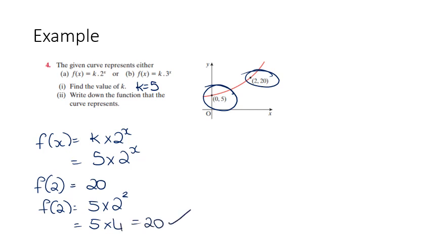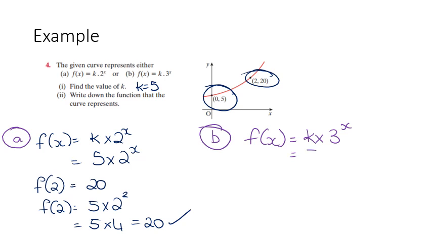So I can probably guess it's not going to work for the other function, but I'm going to go through the motions with you anyway, just to kind of prove the point. So on b, we have f of x is k times 3 to the power of x. So we know that that k is 5.